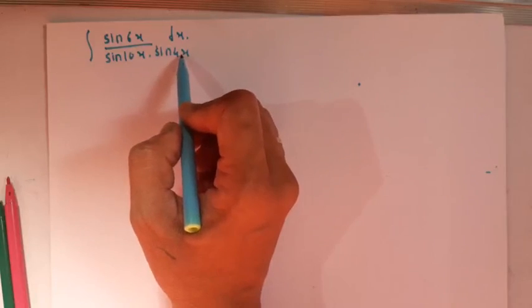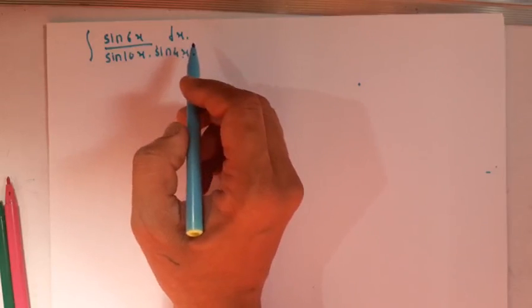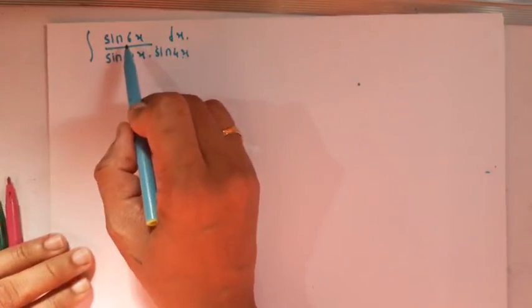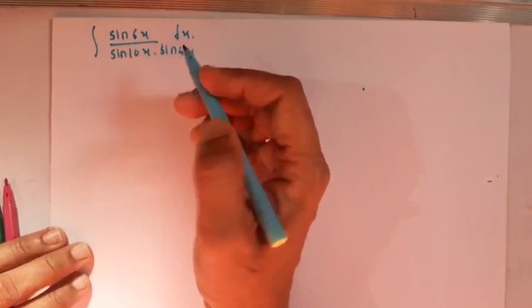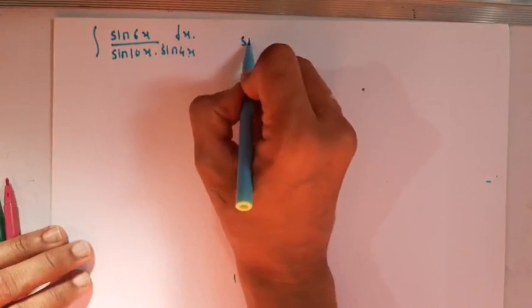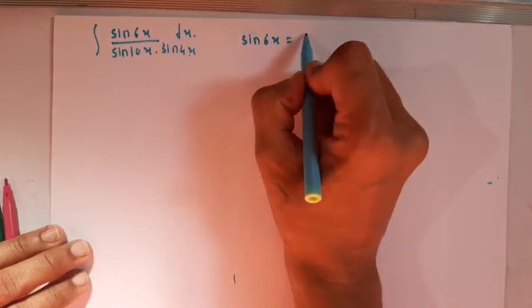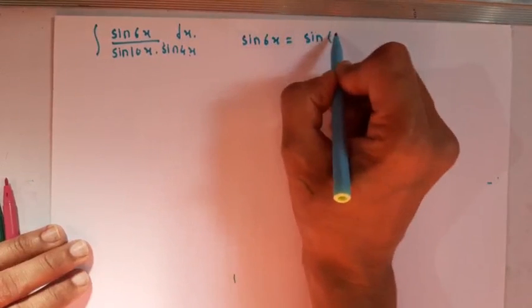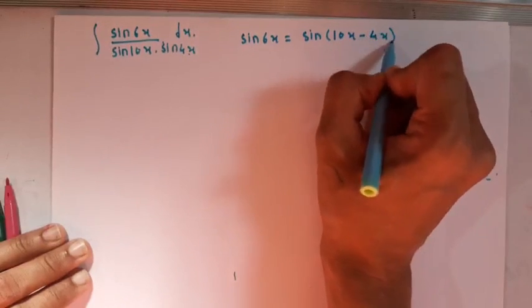By using the trigonometric formula, we can convert sin of 6x as sin of 10x minus 4x.